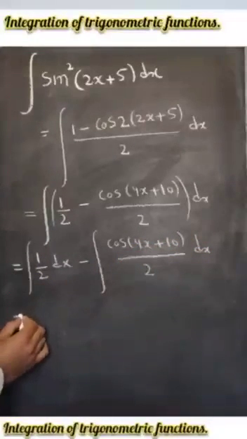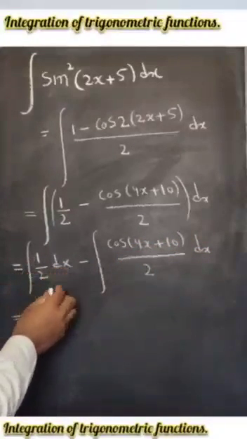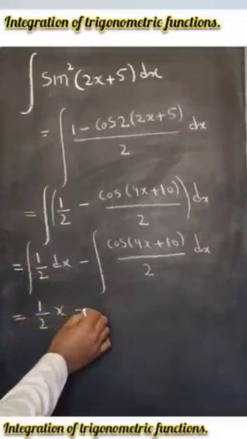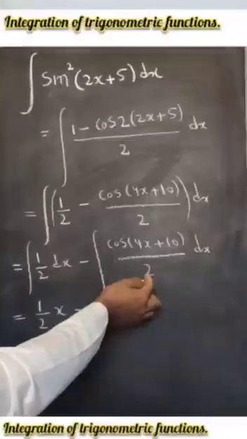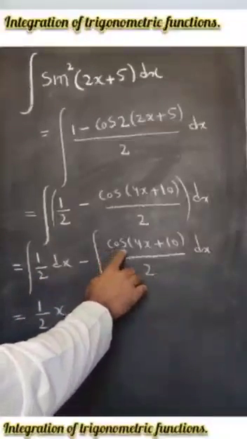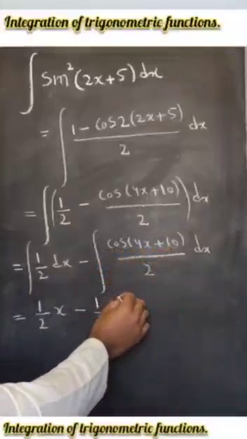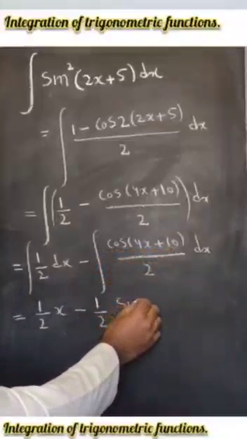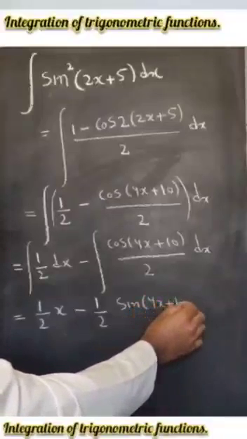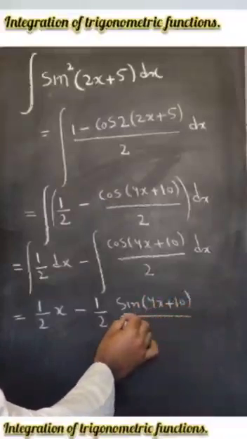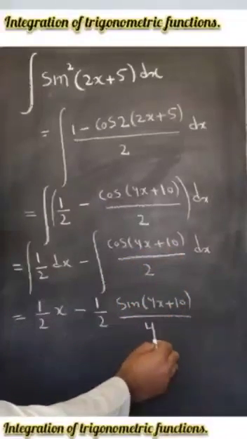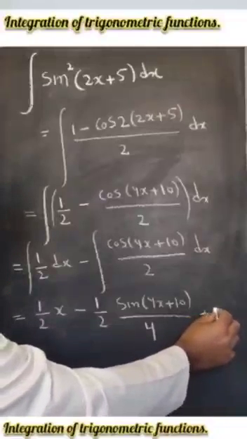Now integration of 1 by 2 dx is 1 by 2x minus, this 2 is constant, so we can write 1 by 2. Integration of cosine 4x plus 10 is sine of 4x plus 10 divided by differentiation of 4x plus 10 is 4, plus constant of integration c.